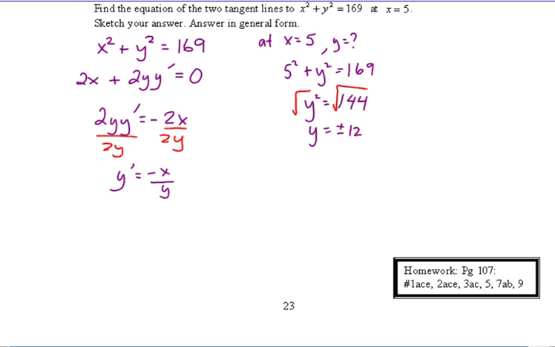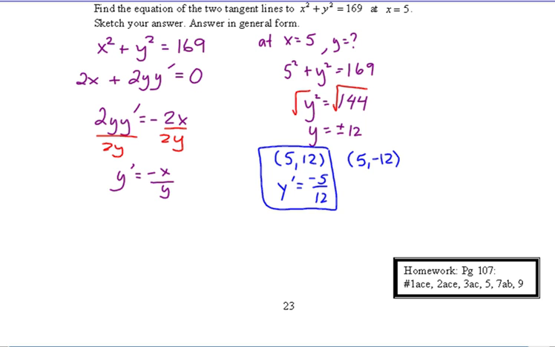Okay, so we have our 2 points. We have 5 and positive 12, and then 5 and negative 12. So could we find y prime at each of those points? What's y prime at 5 and 12? Negative 5 over 12. So that's one of our points.